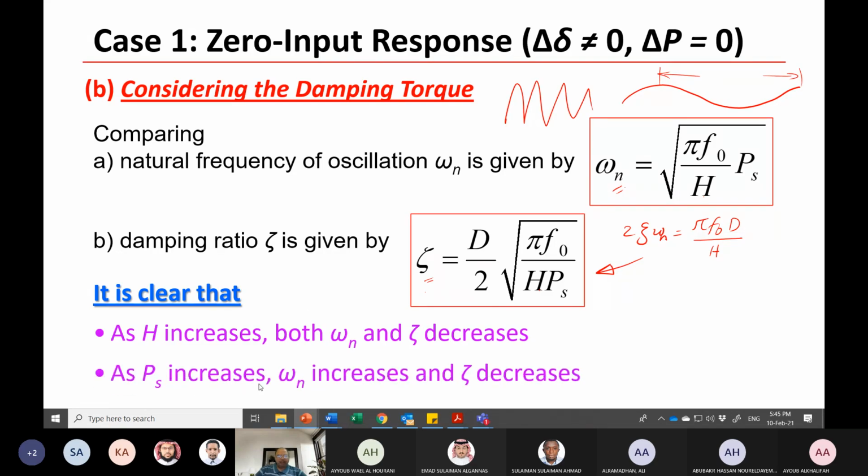As Ps increases, omega n will increase, as we mentioned earlier. And as Ps increases, delta is what? Delta is low.